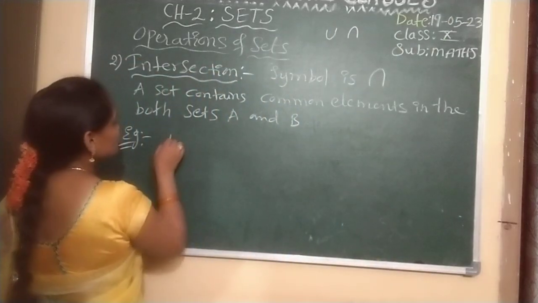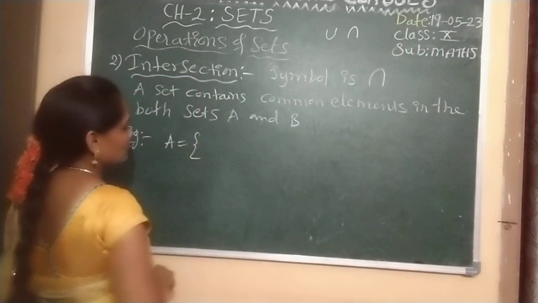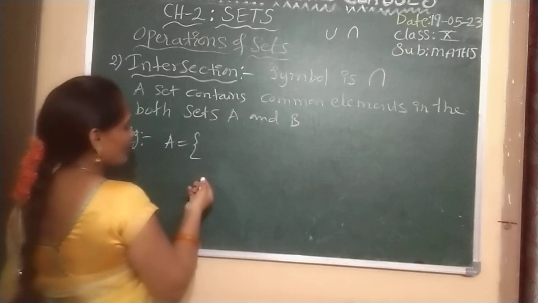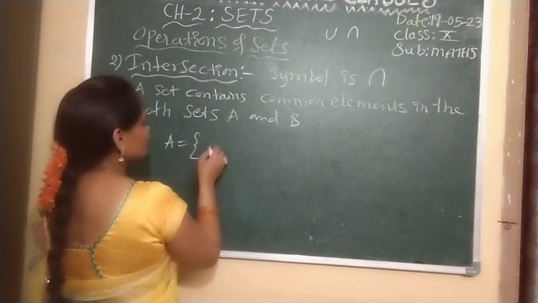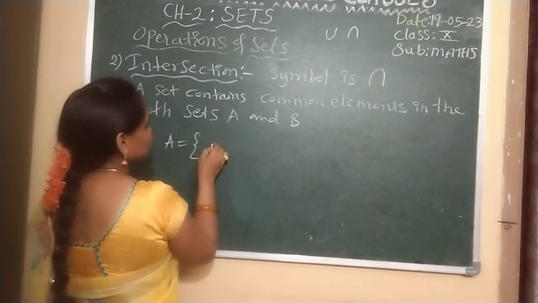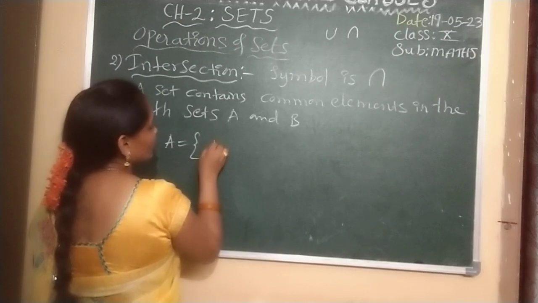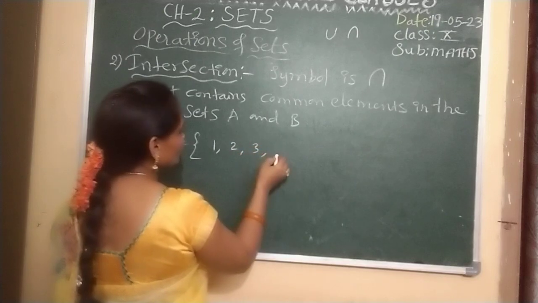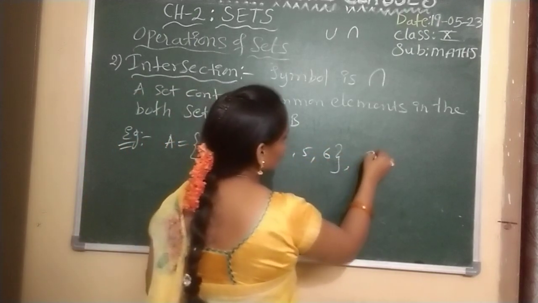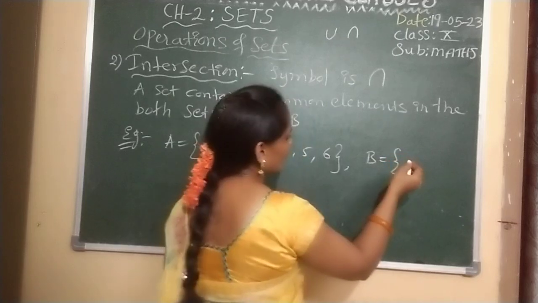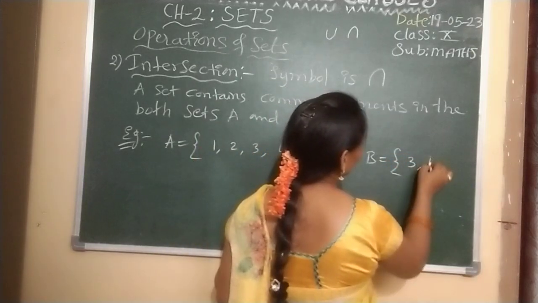Let us take set A. Suppose I am having numbers, just I am taking first numbers. Here 1, 2, 3, 4, 5, 6. And also set B having numbers 3, 4.